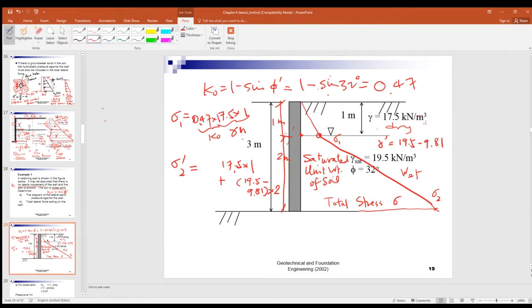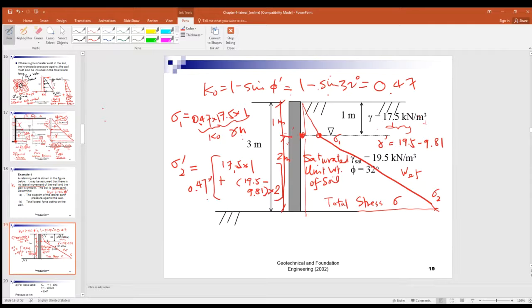Okay, so that is the vertical stress. Let me recap. Here, 17.5 times 1. And then we come to the next layer. The effective unit weight, 19.5 minus 9.81, times 2 meters. And then the whole thing times 0.47.